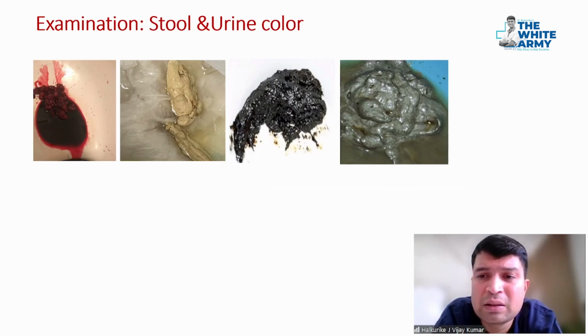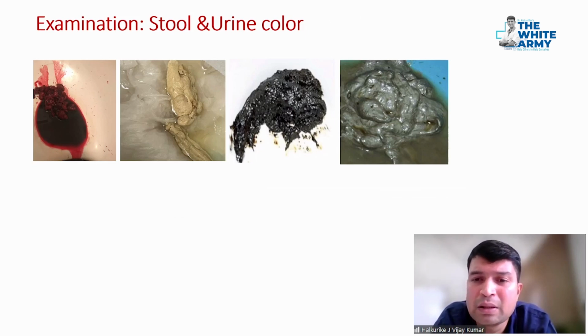The second one is acholic stools, where there is obstructive jaundice, that is, extrahepatic biliary obstruction. The bile doesn't flow into the intestine, the duodenum, so you get pale stools like this. So pale stool is again an indication of extrahepatic biliary obstruction. The third picture is black, tarry, sticky stools with an offensive smell.